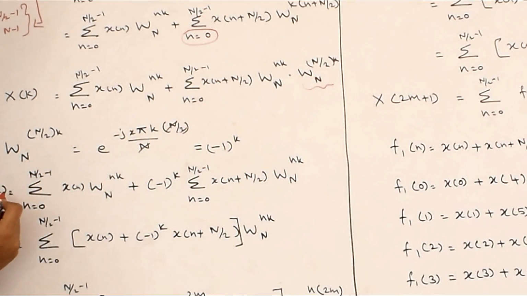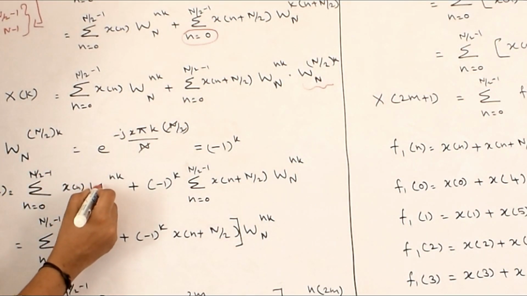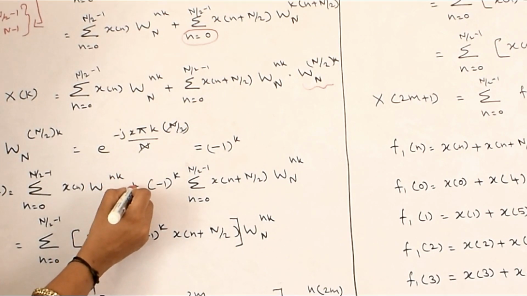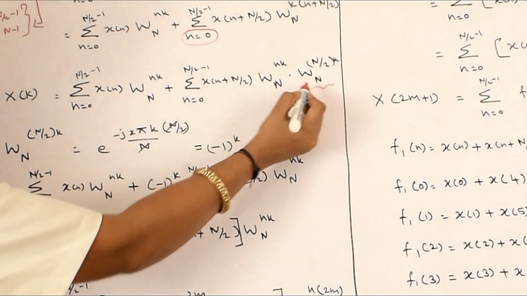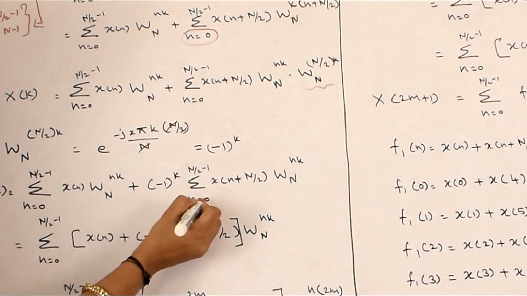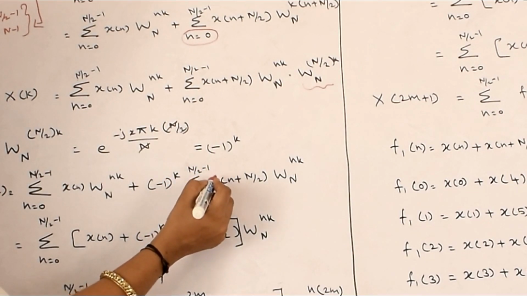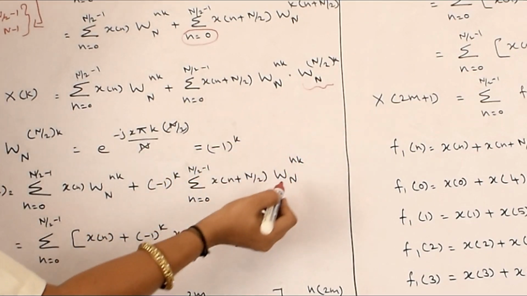Okay. So x of k can be written as summation n equal to 0 to N by 2 minus 1 x of n W_N power nk plus minus 1 power k summation n equal to 0 to N by 2 minus 1 x of n plus N by 2 W_N power nk.